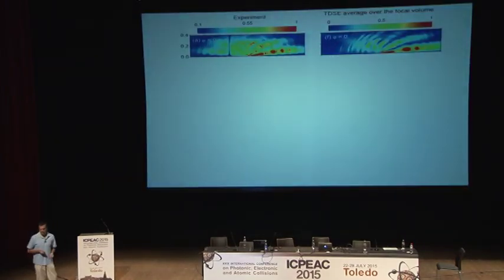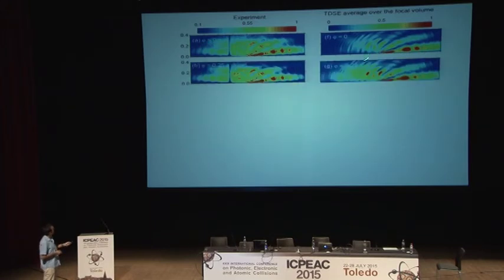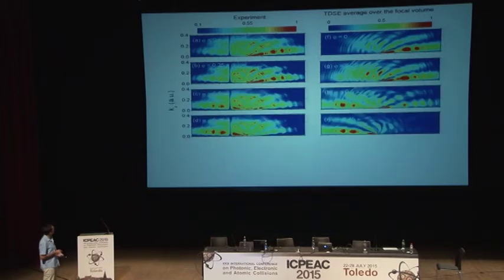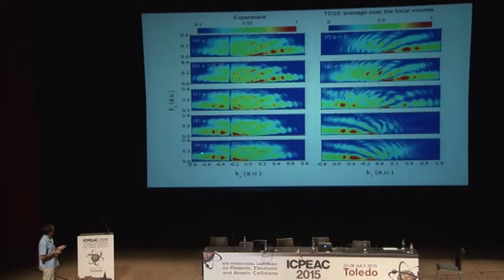Now, at the time of comparing experiment with theory, we have to do some intensity averaging over the focal volume for the TDSE calculations. So you can observe that the similarity is outstanding here. And this is for phase equal 0. This is for two-color phase equal pi over 4, pi over 2, 3/4 of pi, and pi.